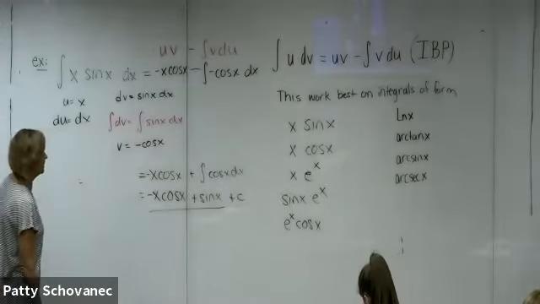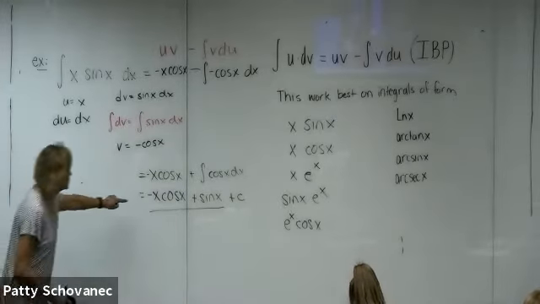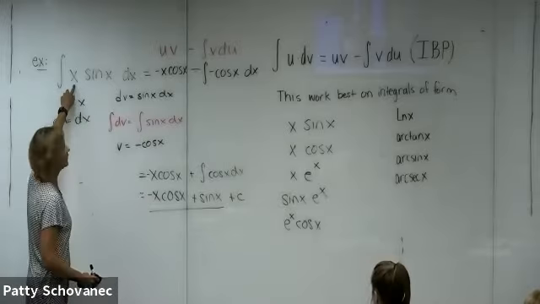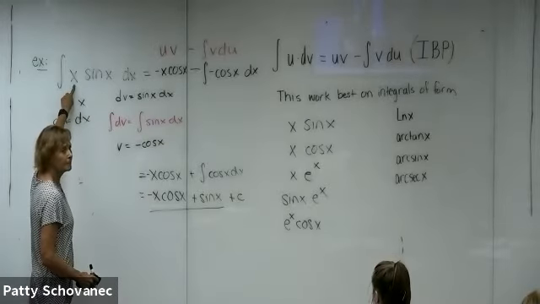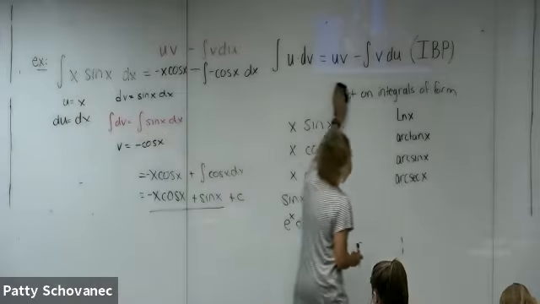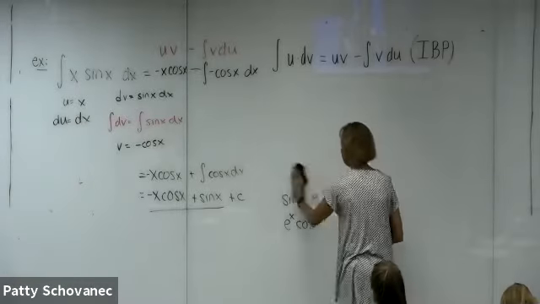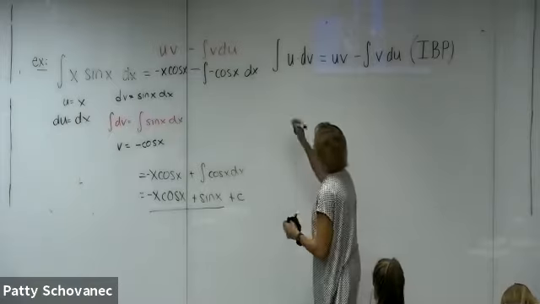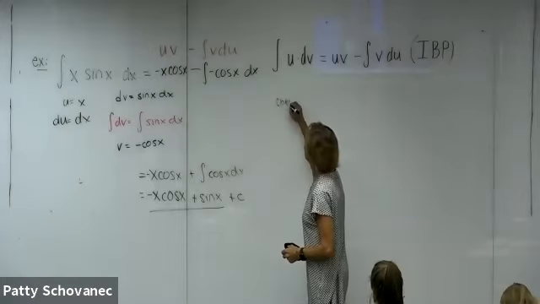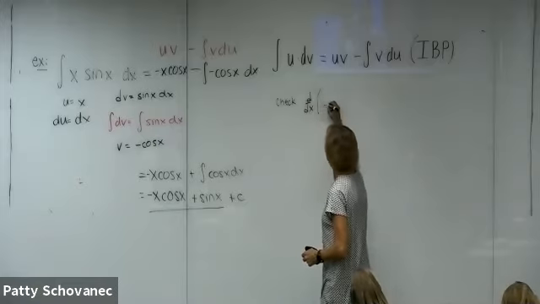I'll prove it to you by taking the derivative of that. And the claim is the derivative of this gives you that. Let's check our answer. Derivative with respect to x of what we just got, our antiderivative.